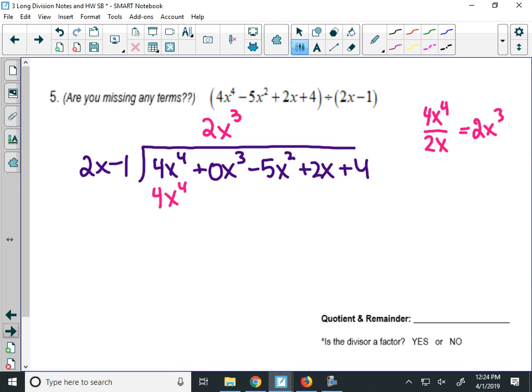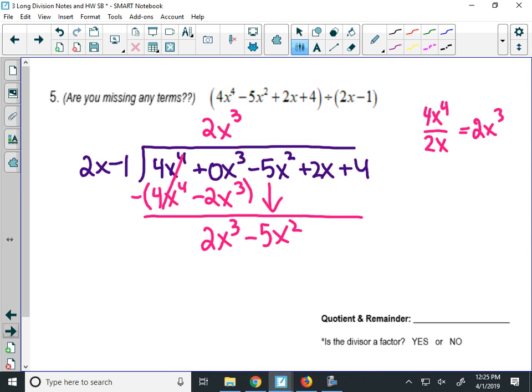Minus 2x cubed. Never mind, I thought this was a different problem. We don't have to be careful yet. All right, the 4x to the 4ths cancel. What's 0 minus negative 2? 2x cubed. All right, and bring down your next term.